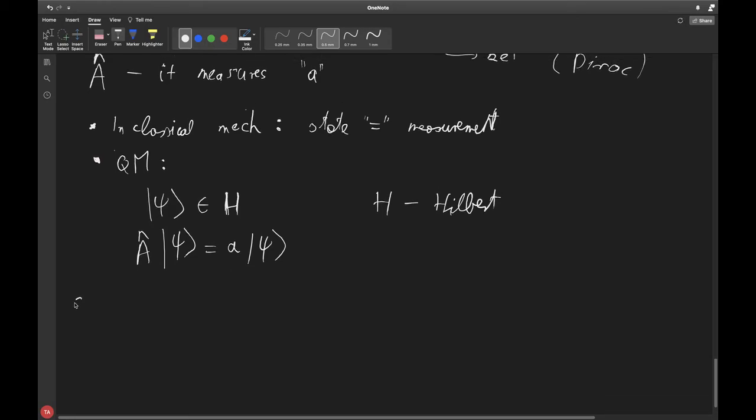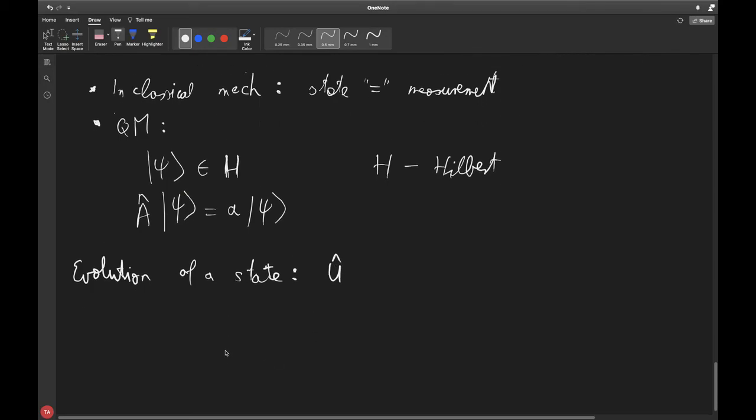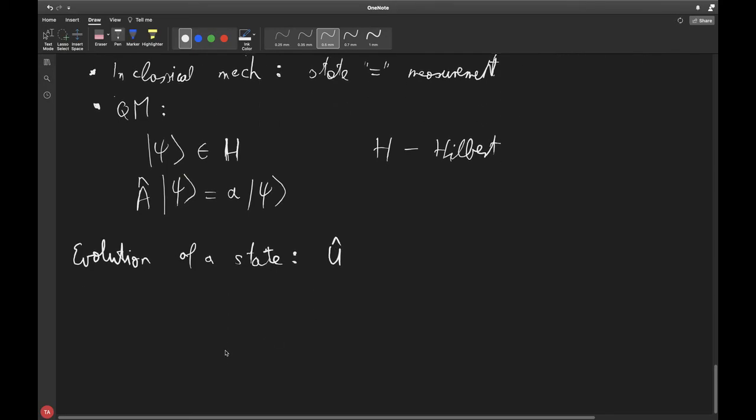States can evolve. Evolution of state. And this evolution is described by an operator which we call U. When we evolve a state, that state is still going to be in the Hilbert space.